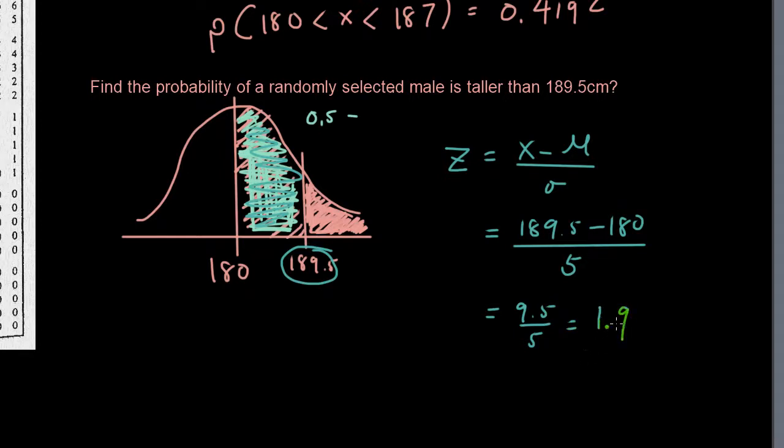Now, again, this number is not very complicated, so I'm going to make it slightly more complicated. So instead of 189.5, I'm going to make it 189.532. So it's 9.532 divided by 5, which is 1.9064.